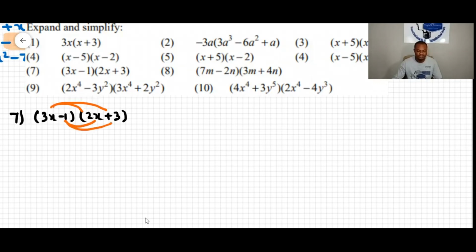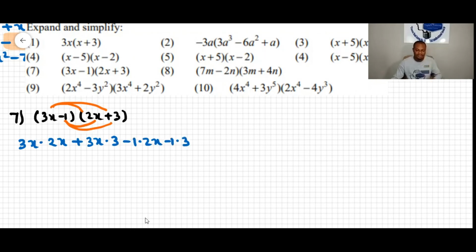So this will be 3x times 2x, and then plus 3x times 3, and then minus 1 times 2x, and then minus 1 times 3.